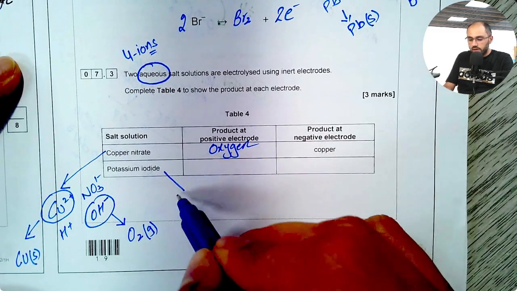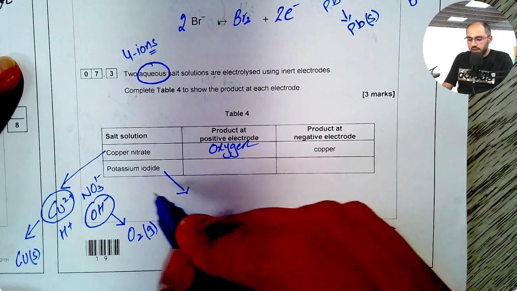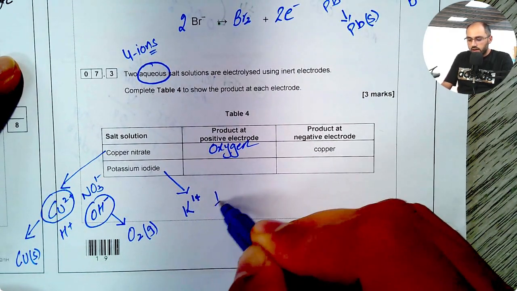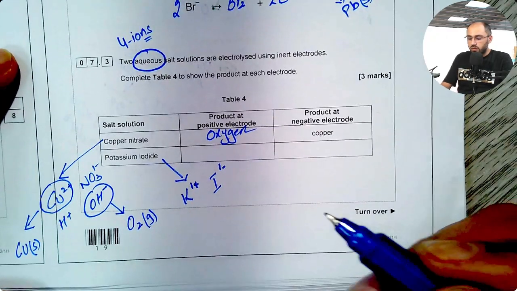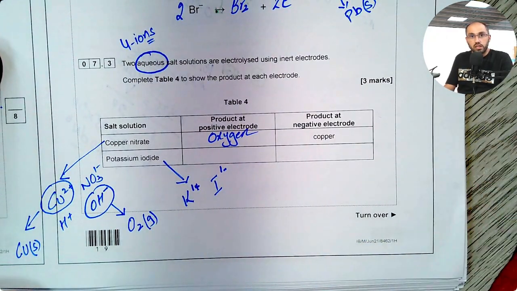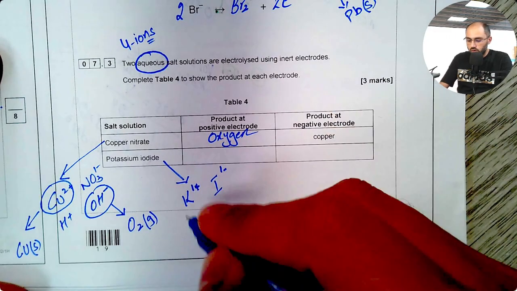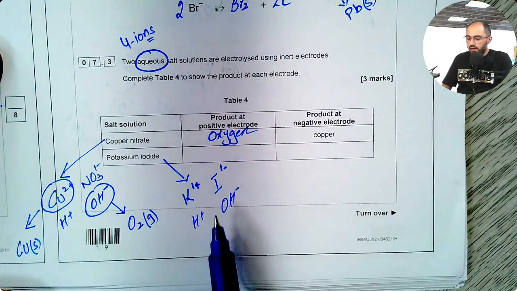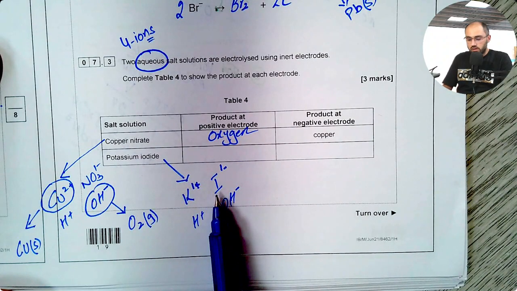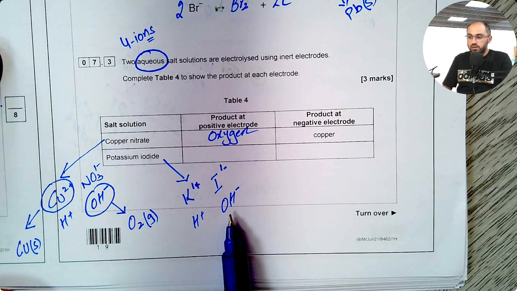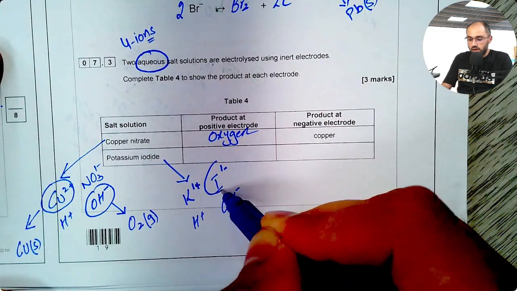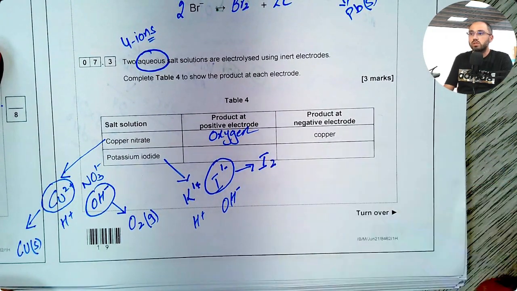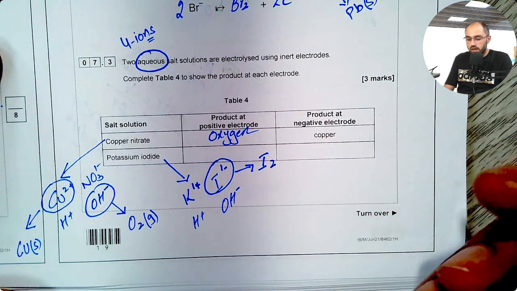I'll do the same thing for potassium iodide. Here, potassium is K, which is 1 plus. Iodide is 1 minus. Now there will be 2 additional ions because it is again solution, so it will be H plus and OH minus. Now whenever you have halogen ion and OH minus ion, then it is always the halogen ion which will change into X2. In this case it will change into I2 because it is iodine.